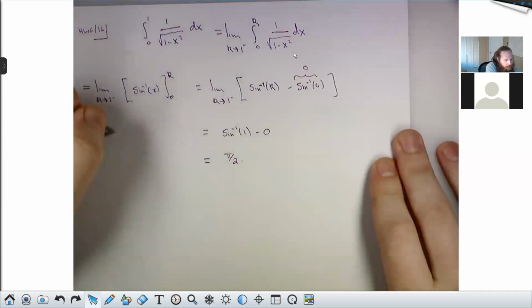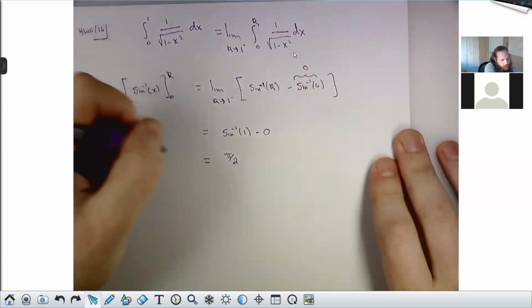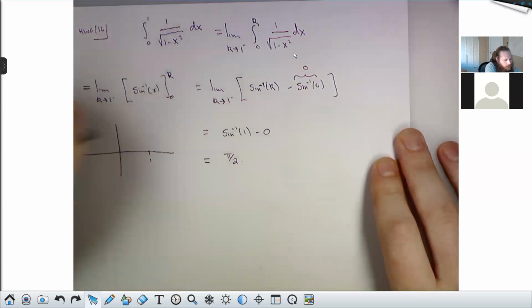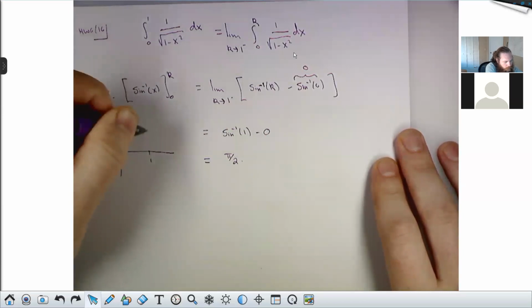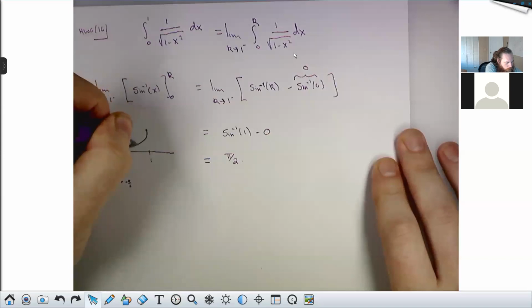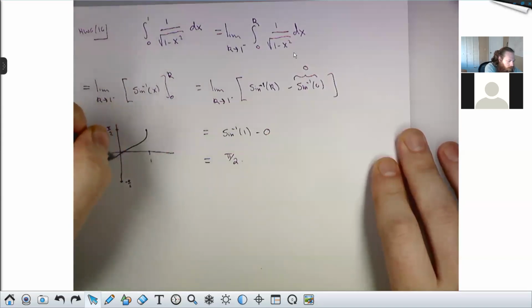If you don't remember the graph of the inverse sine function, the graph of the arcsine function looks like this.